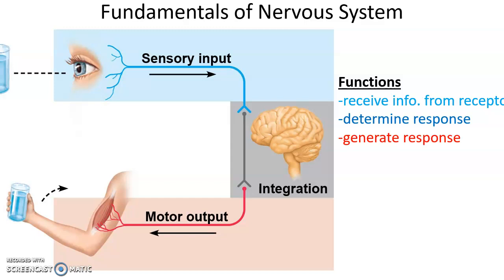Then, if a response is needed, it is generated again by the central nervous system, by the brain, and then sent out via the motor neurons, the motor output going to the effectors such as skeletal muscles, so that the response that is generated is sent out to muscle tissue or glands to cause a response because of the original sensory input. So sensory input arrives, information is integrated, and then a motor output, a command, is sent out in response.